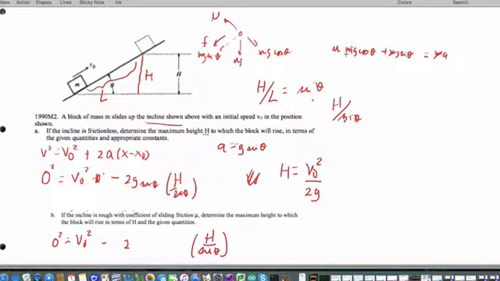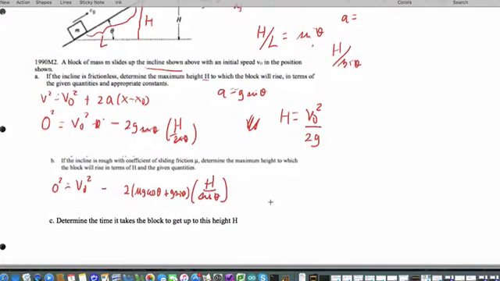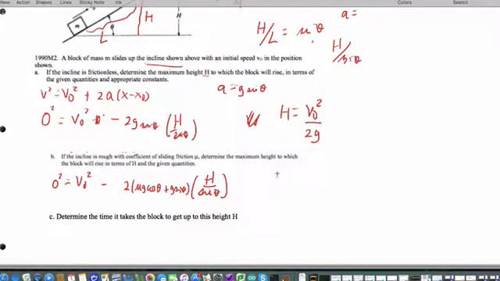So the acceleration is mu g cos theta plus g sine theta. So our height ends up being v naught squared sine theta over 2 times (mu g cos theta plus g sine theta).